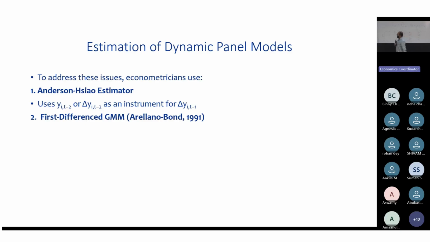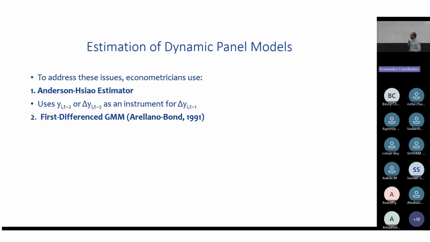Then the second model, the Anderson-Hsiao model, is a very basic model. It comes with a set of limitations, or rather it has more limitations than actual applications. It just uses the delta y_{i,t-2}, and using just one variable in the Z matrix, the IV matrix, does not really help.